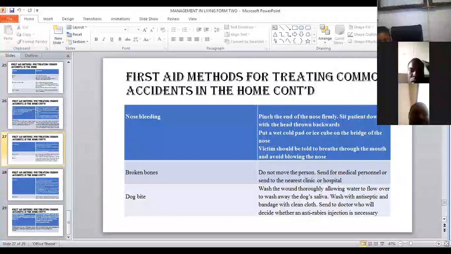I was mixing that with a dog bite. If it is dislocation, that is when you can give a massage. But for the broken bone, just let the person be in a stable condition and you convey the person to a hospital, or if there's a doctor nearby, you invite the doctor. That is about the broken bone.